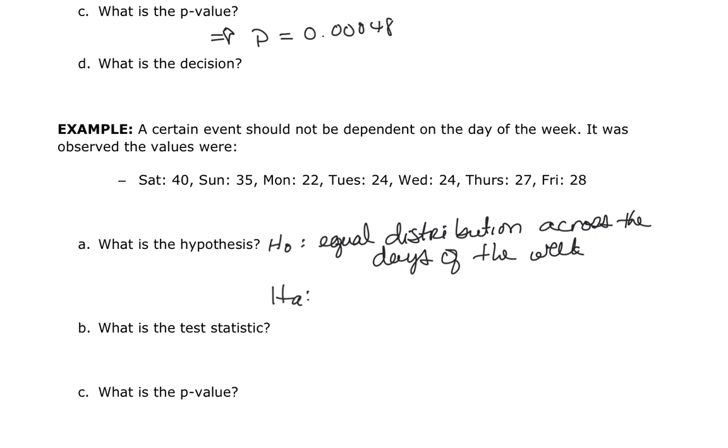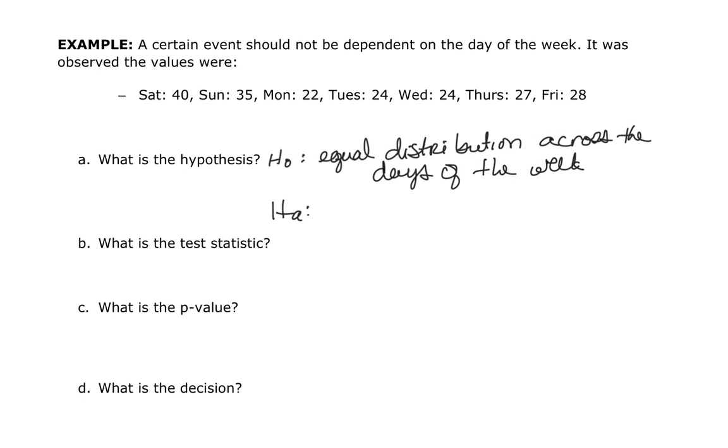So I again would do my observed and expected. Now, when I did this, I got my test statistic, by the way, to be 9.09. Since I have 7 pieces of data, because there are 7 days a week, my degrees of freedom is 7 minus 1, which is 6.